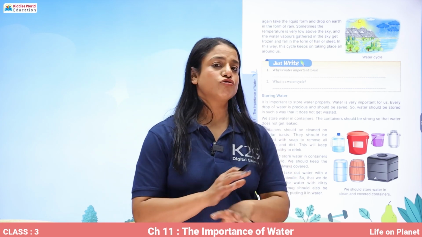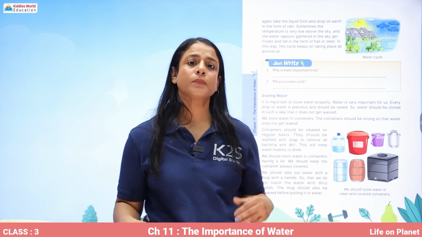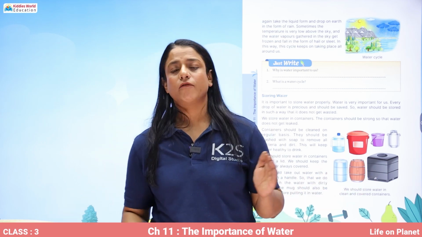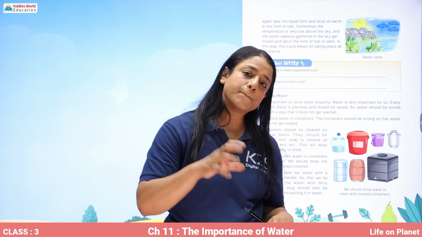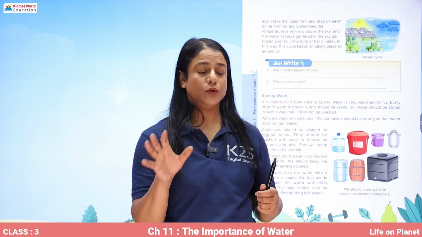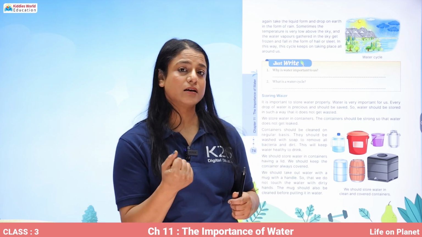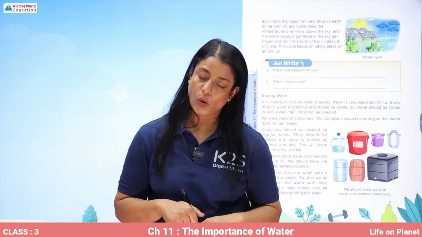The containers should be absolutely clean and germ free. And whenever we have to take out water from the container, we should use a mug with a handle, and that mug should also be clean. Why should we use a mug with a handle? So that our hands do not come in contact with the water.